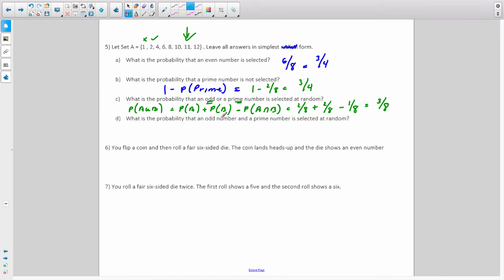How about an odd number and a prime is selected at random? Well, that's the intersection. So the probability of odd intersect prime. Who would that be?